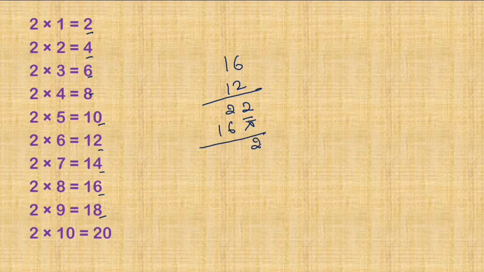Here it is cut, only 2 is there. So at the units place this 2 is coming. If we take any other number in the units place, another number will come. For 0, 2, 4, 6, 8, only these numbers will come. So whenever these numbers are at the units place, then that number is divisible by 2.